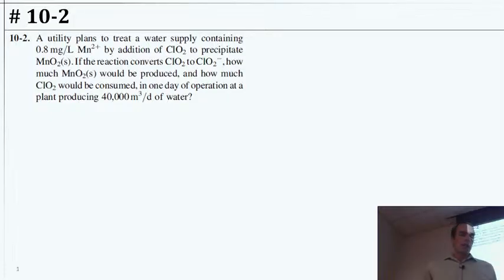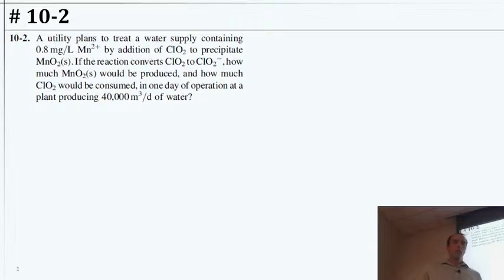But all right, so let's start with a simpler problem. 10.2 is more just a mass balance type of problem. We have a utility planning to treat a water supply containing 0.8 milligrams per liter of manganese 2+ by addition of chlorine dioxide. And that's going to precipitate manganese oxide solids, MnO2.